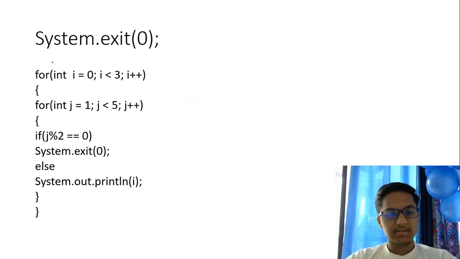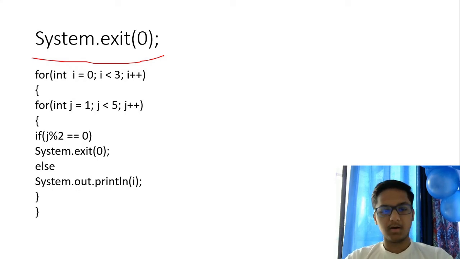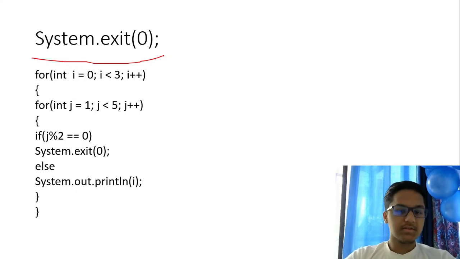Now we'll be looking at something called System.exit(0). This is basically a statement in Java. It's not technically part of the jump statements, but it's important to know. As the name suggests, it basically exits. And what does it exit from?